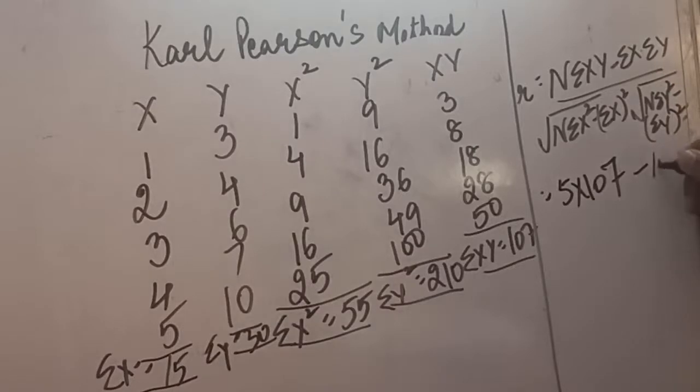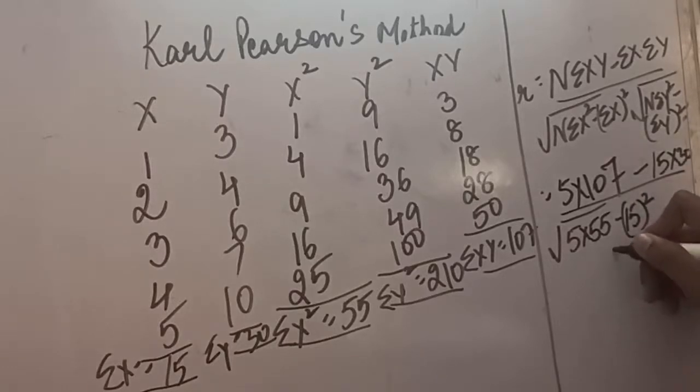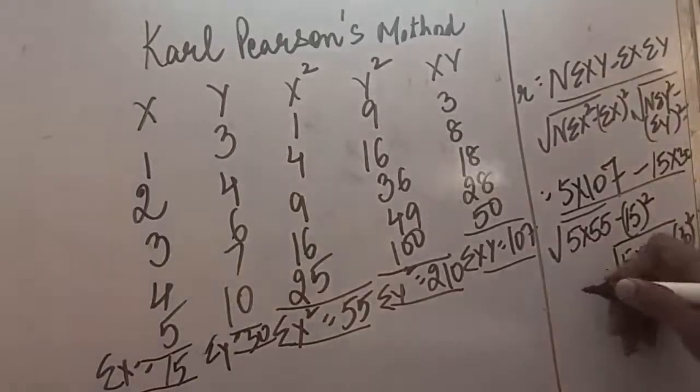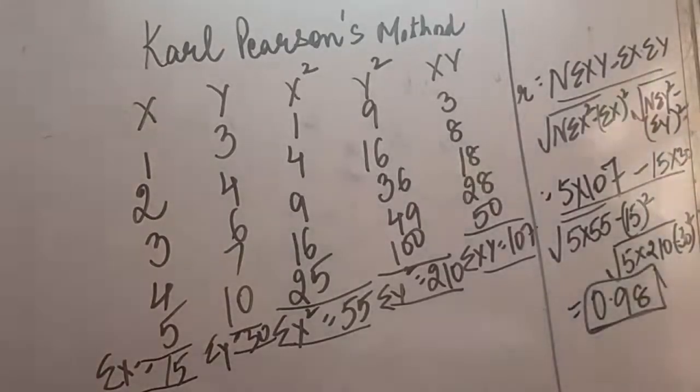So it will be 15 into 30, divided by under root n is 5, sigma x square is 55, minus sigma x whole square 15 square, then under root 5 into sigma y square is 210 minus sigma y whole square is 30 whole square. When you solve this, the answer will be 0.98. So here we can say this is a positive correlation as the value is coming out to be positive. So it is a positive correlation case.